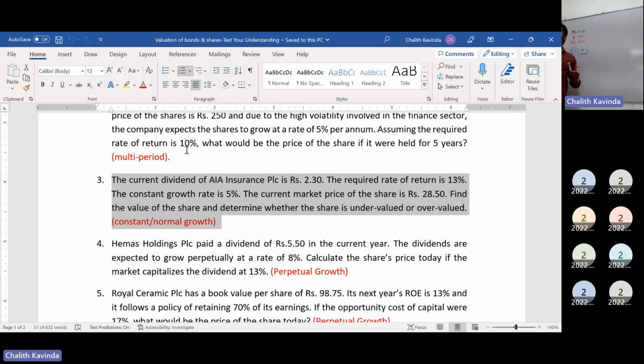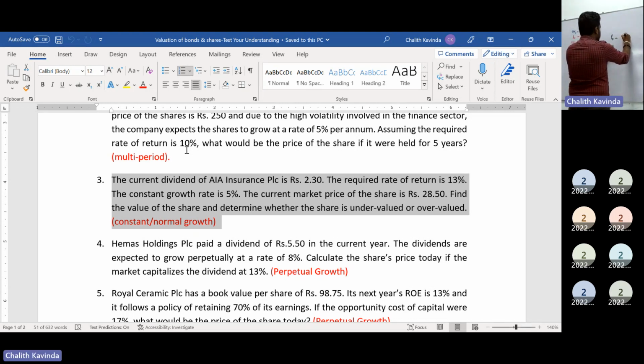Accordingly, what is the formula that we have to use? The perpetual growth formula. We can assume that the dividend will be paid till infinity. Accordingly, price of the share equals next year dividend.